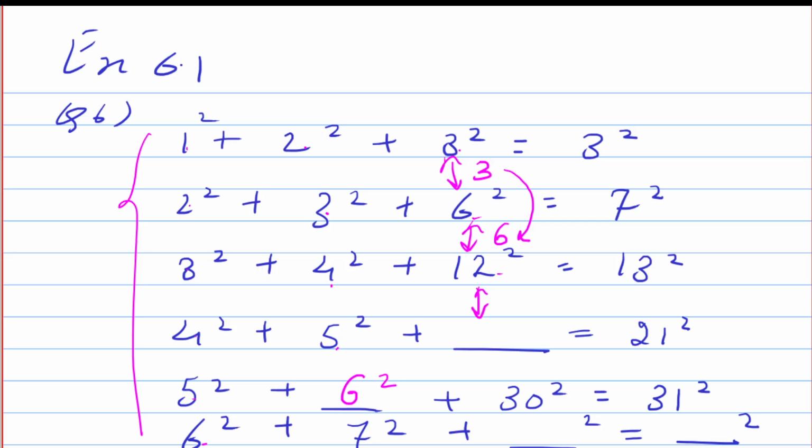So 9 and 12, maybe if you add, let us see if we are getting the correct answer. So that will give me 21 square. So no, that's not correct. That cannot be correct.